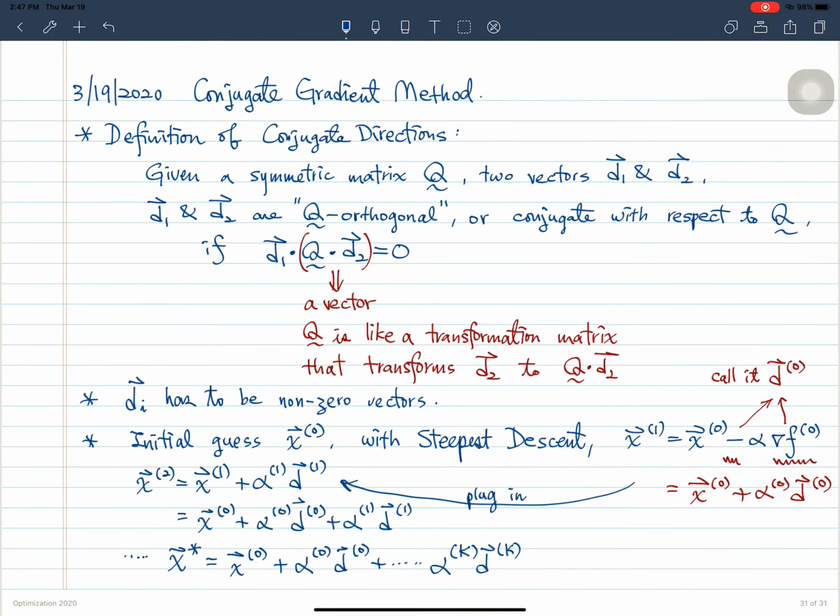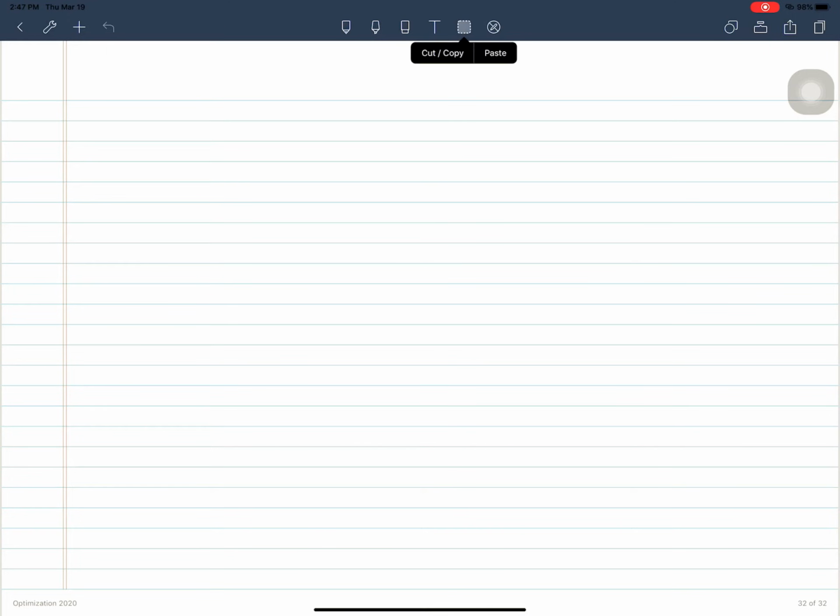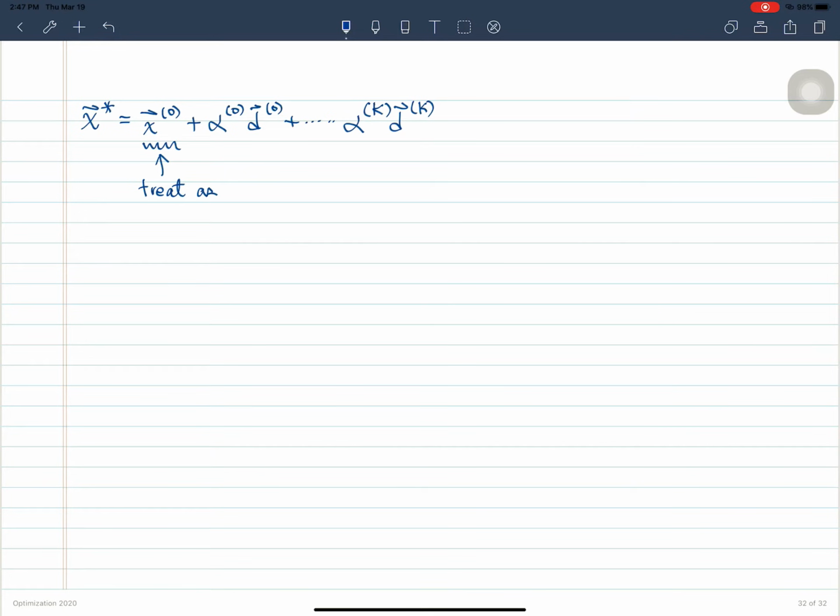So if I rewrite this, if I treat this initial guess as the origin, so basically my initial guess is a zero vector, we can study what the solution would be based on this origin.